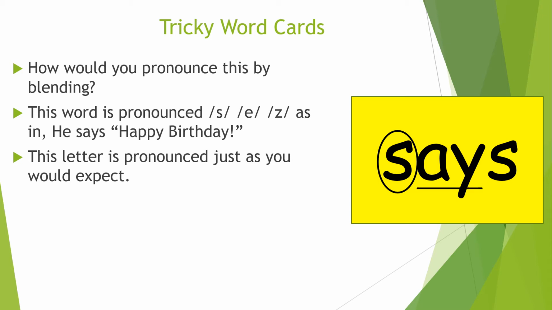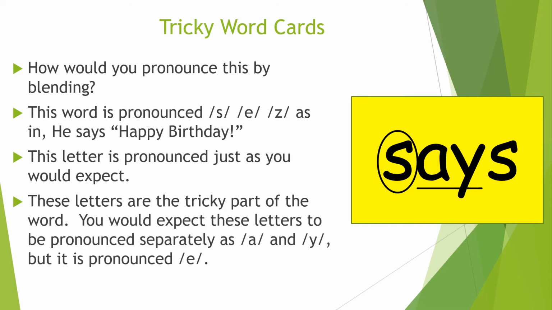Uh-oh, we have an underlined part of the word. That means that this part of the word does not follow the rules. It's a tricky part. You would expect these letters to be pronounced separately as a and y, but actually it is pronounced eh.